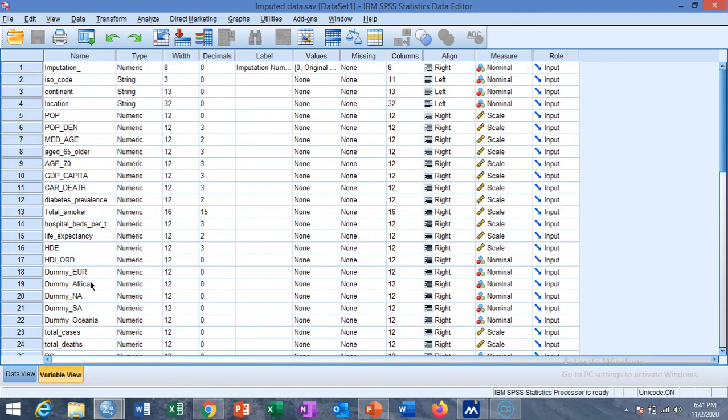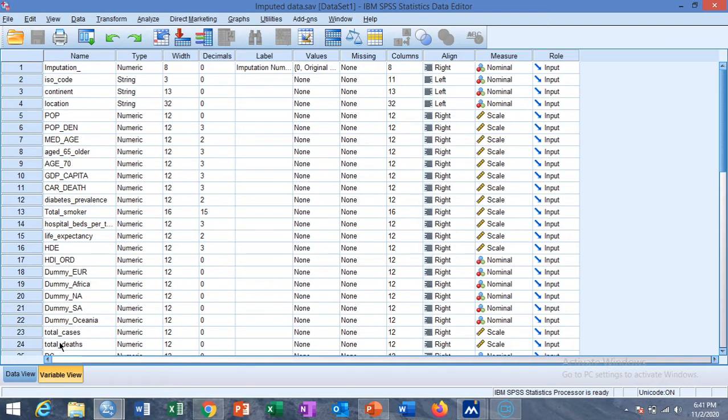Assume that our study variable is number of total deaths, which is a number and is a count, and we are checking whether the number of death is affected by the number of infected people, or the population density, or the HDI order. So for this purpose we conduct a Poisson regression model as the data is on count scale.